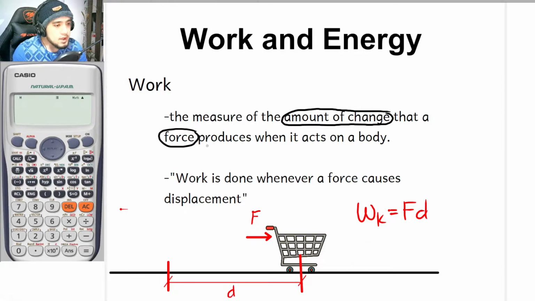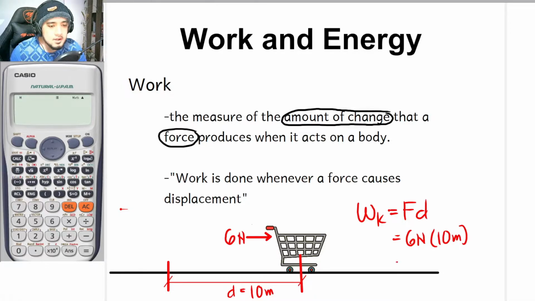Okay, so for example, let's say that you have pushed this cart with a force of 6 newtons, and let's say that it has displaced 10 meters. Substituting known values, F is equal to 6 newtons and the displacement is 10 meters. Multiplying such without the aid of a calculator, the answer is 60 newton meters.